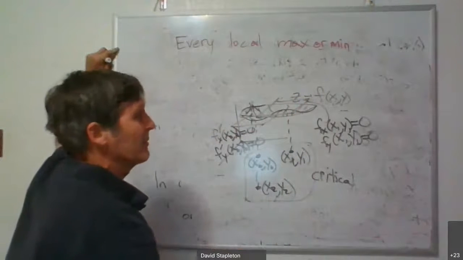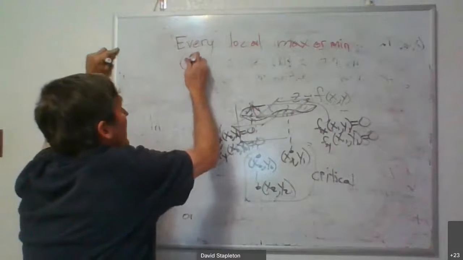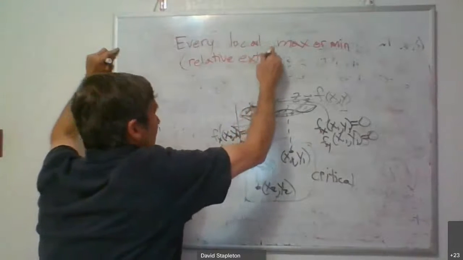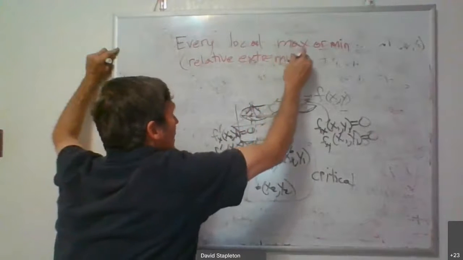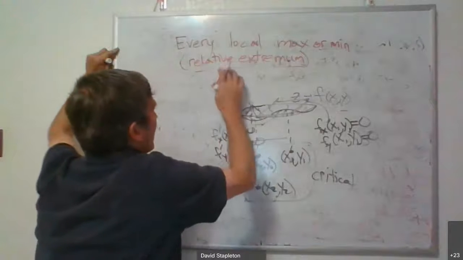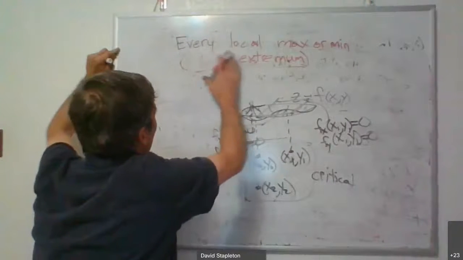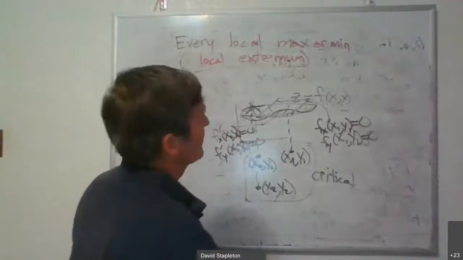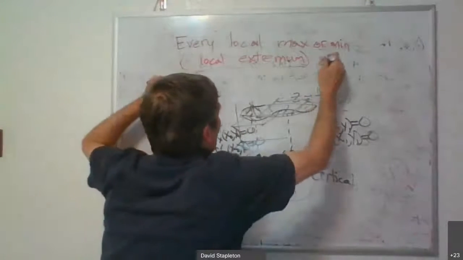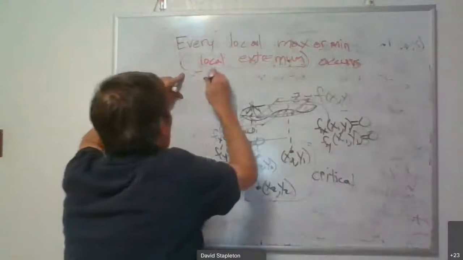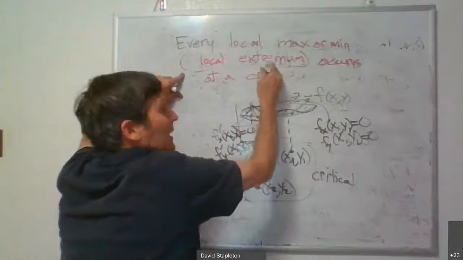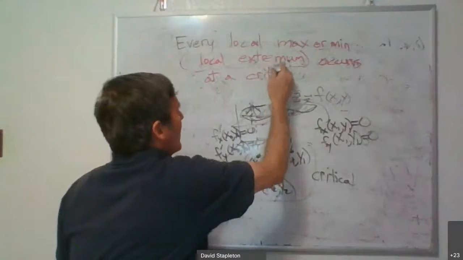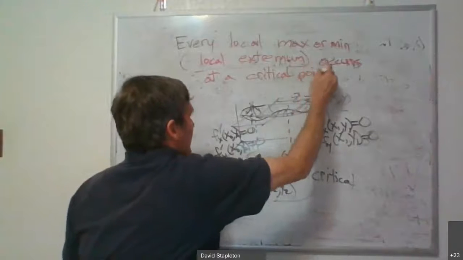If it's a relative max or relative min, you can still call it a relative extrema. And the book will use that term. All right, let's call it local extrema to use the same word. Switched there, didn't I? Local maxima and minima are all called local extrema. Every local extremum occurs at a critical point. Not every critical point is a local extremum or gives a local extremum, but they all occur there.